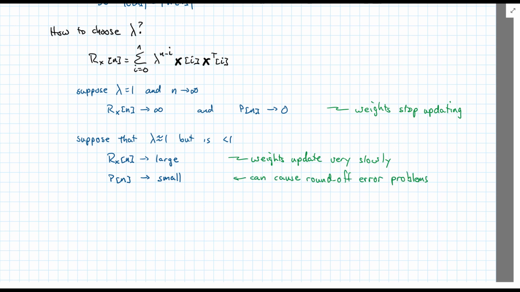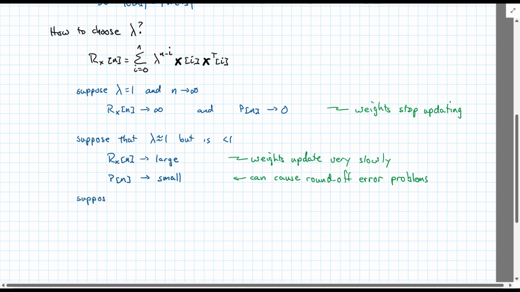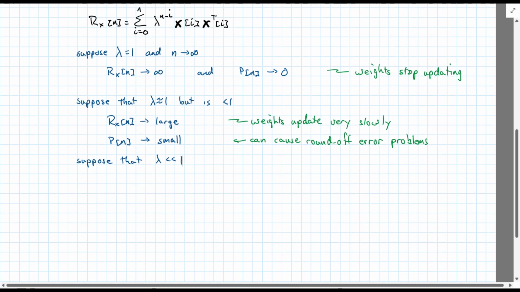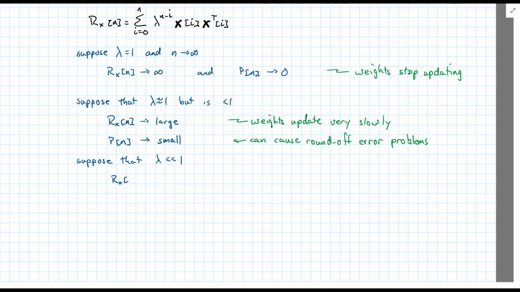Finally, suppose that we have a small lambda, much less than 1. In that case, Rx of n is possibly ill-conditioned.